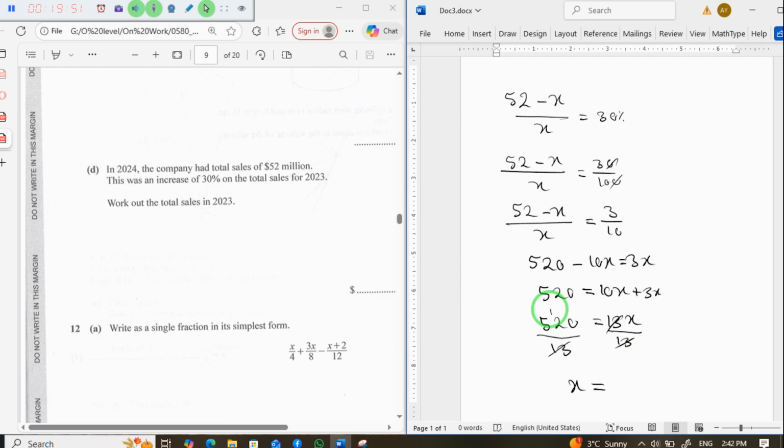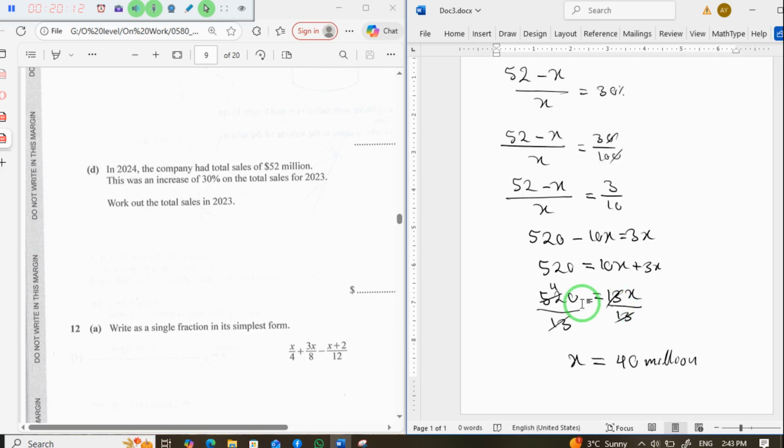13 and 4 times 13 is 52. So the total sale in 2023 was actually 40 million. This is the answer.